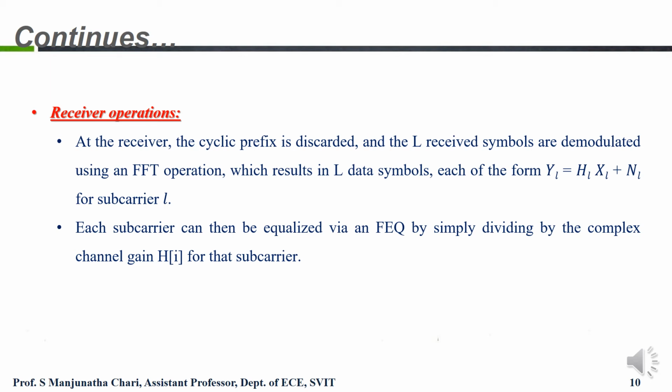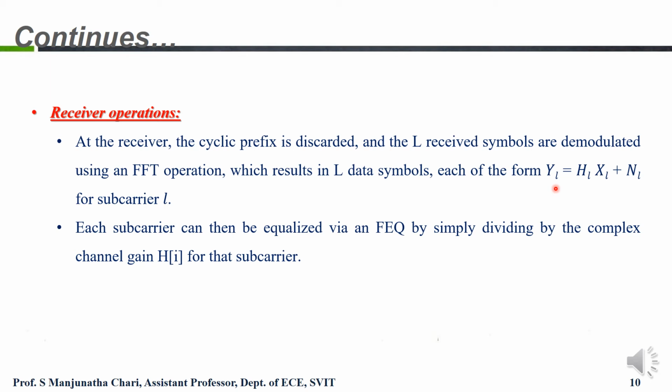Over here you can see the equation we will be using at the transmitter and the receiver side. We will get it like this: y[l] equals h[l] times X[l] plus N[l].